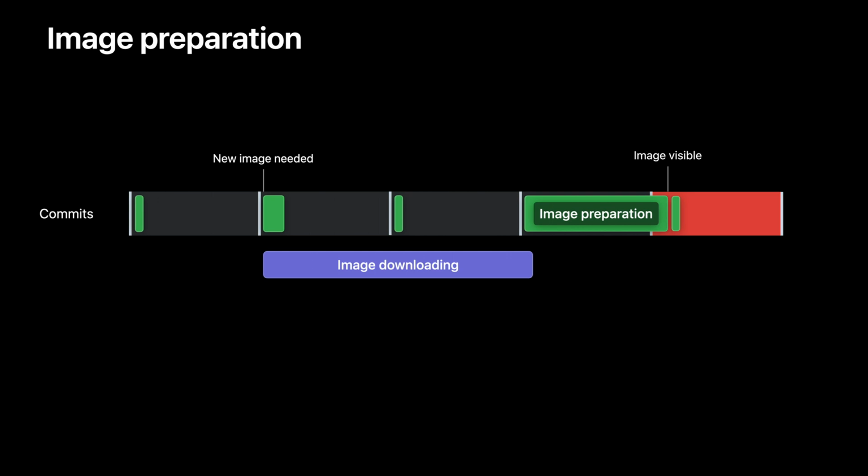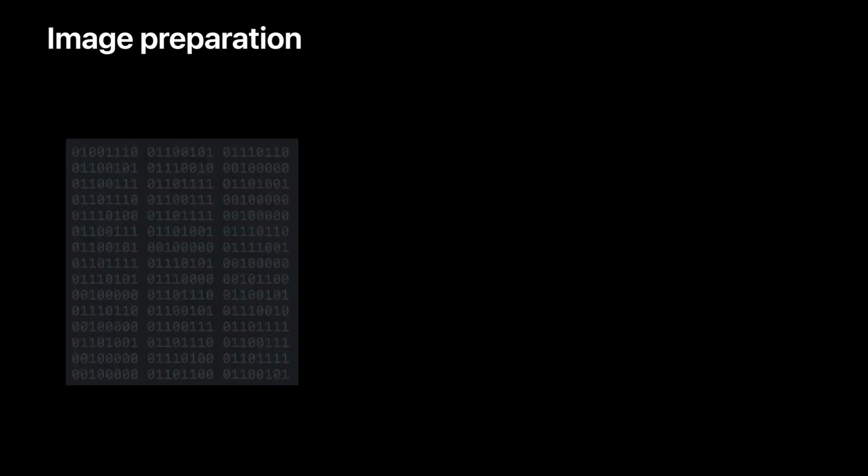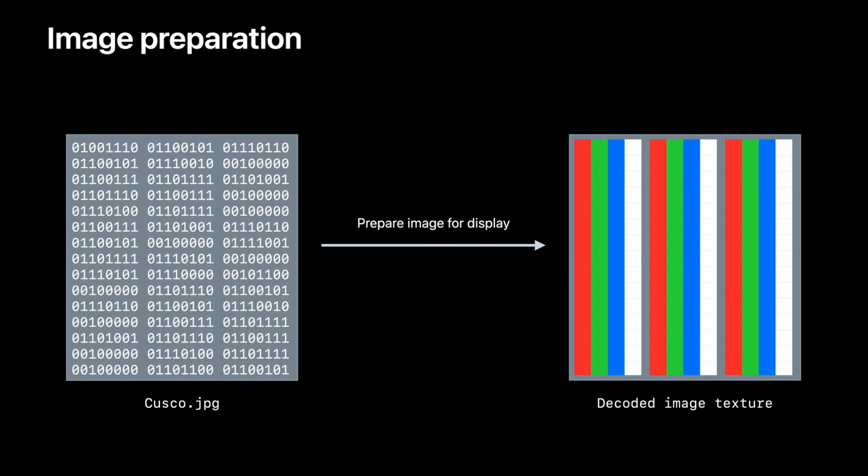Image preparation is a mandatory process that all images must undergo to be displayed. The render server can only display images that are bitmaps, which means they are raw pixel data. Images come in many different formats like PNG, HEIC, and JPEG, which are compressed and must be processed and unpacked to be displayed.